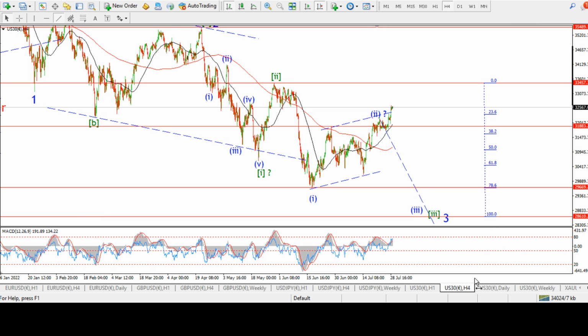Okay, so here is Dow. I'm looking for the end of this second wave pattern. It hasn't happened yet. We've got an extended wave C. People are suddenly getting all bullish after this week.